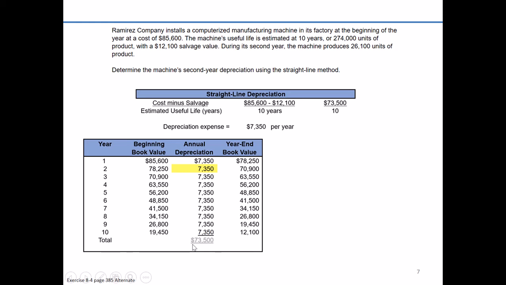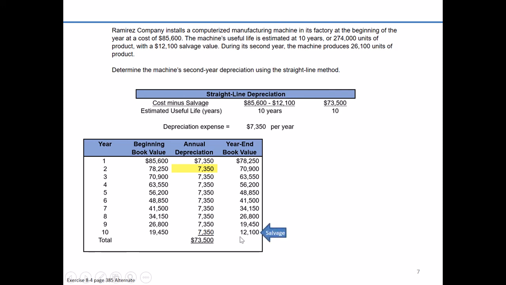And if we total these up, the total depreciation over the life of the asset will eventually hit depreciation expense each year and reside in accumulated depreciation at the end of those 10 years is the depreciable cost of 73,500. Again, cost minus salvage value. That's what we want it to total up to be.